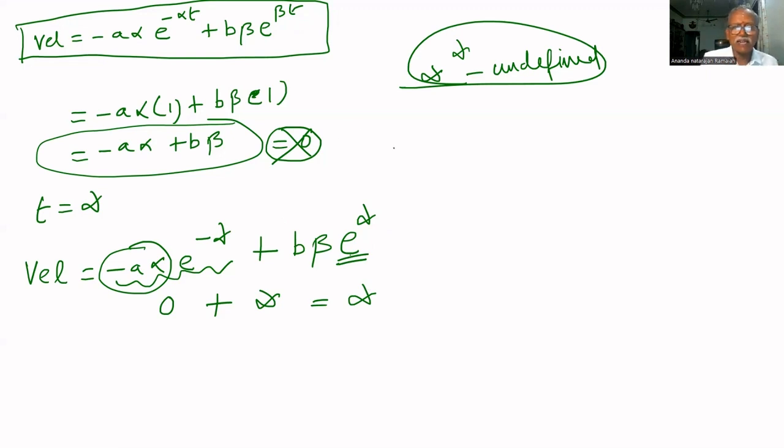From this, we can understand that, let us assume that alpha, beta, a, b all are equal, then velocity increased from 0 to infinity. I can say that as t increases, velocity is increasing. I hope you understood. Tell me, Jitish and Asini, have you got my point?